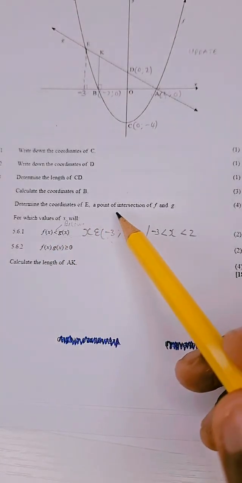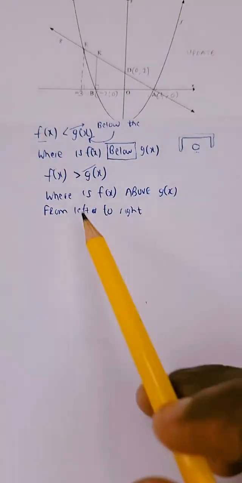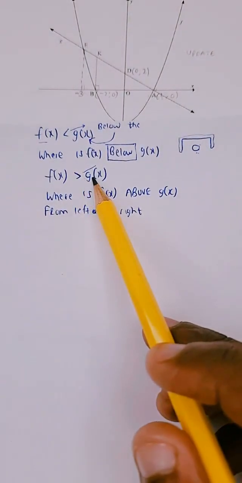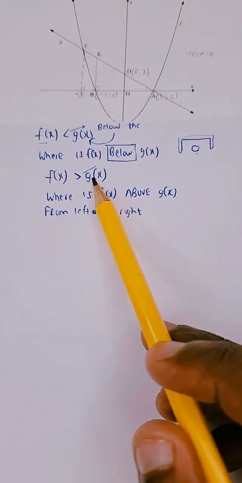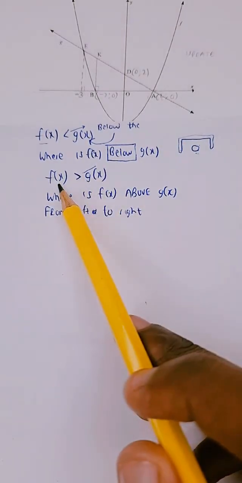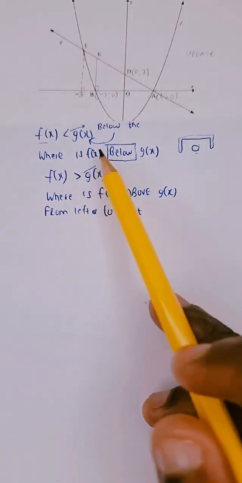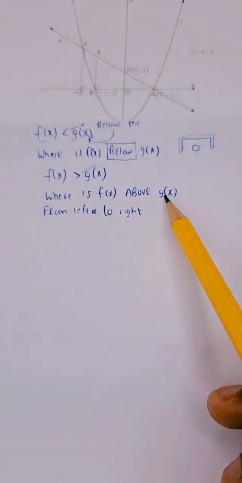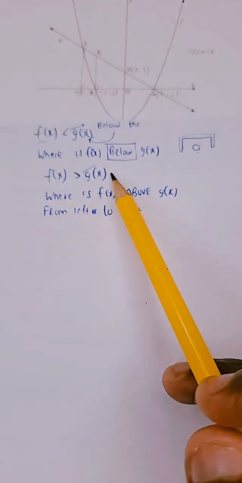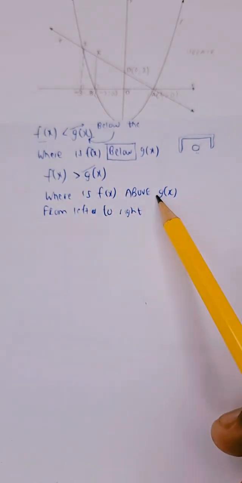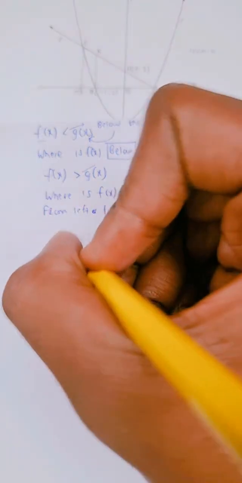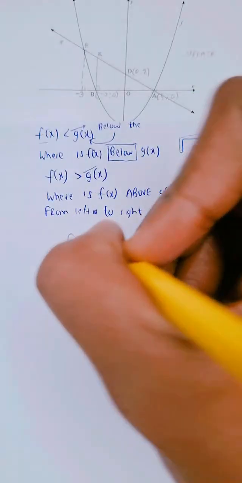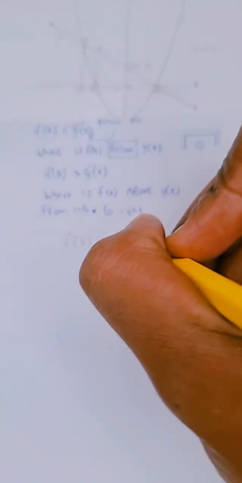Below, above. Remember, had the question been f of x greater than g of x, then what would we have said? We are going to look for where f is above. F greater than g of x means where is f above g of x? Now remember, sometimes they say f of x less than or equal to g of x.